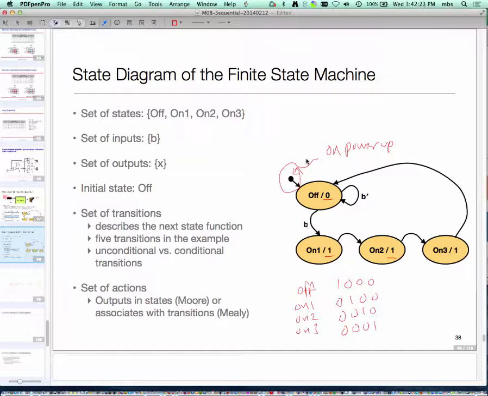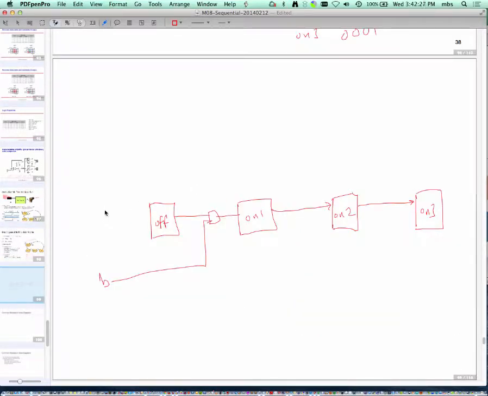Okay. So what this suggests to us is, firstly, I need an OR gate. One input of the OR gate has to come from on 3. The other input has to come from an AND gate, which has 2 things. Firstly, I should be in off state.